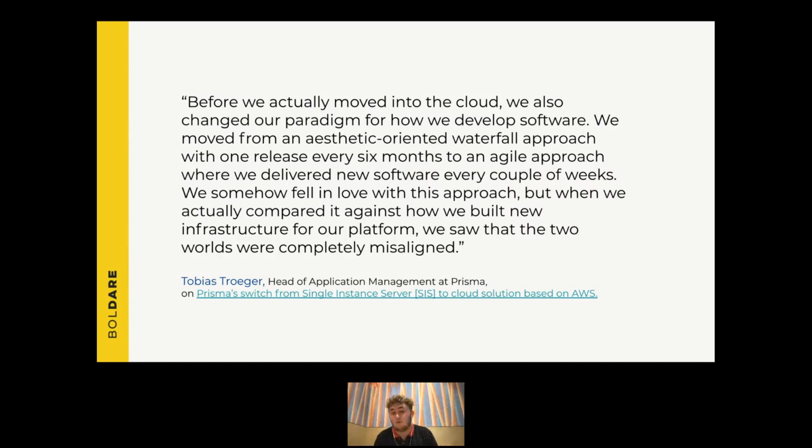For Boldare, for instance, it's 10 years of practice, but we find more and more people who have never seen it and never used this concept of retrospectives and so on and so forth. And Prisma also had this idea a few years back to embrace these processes into their everyday work, and now it is there in the entire company.